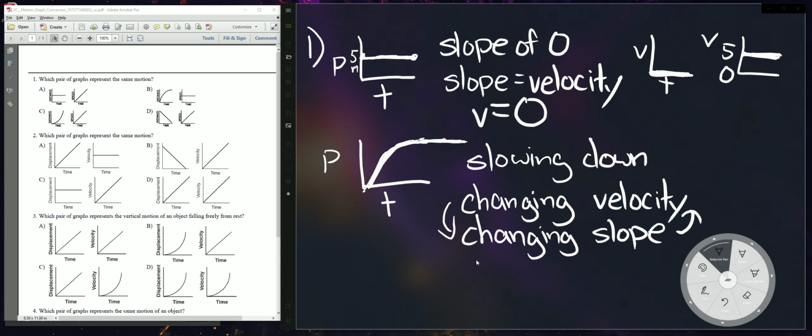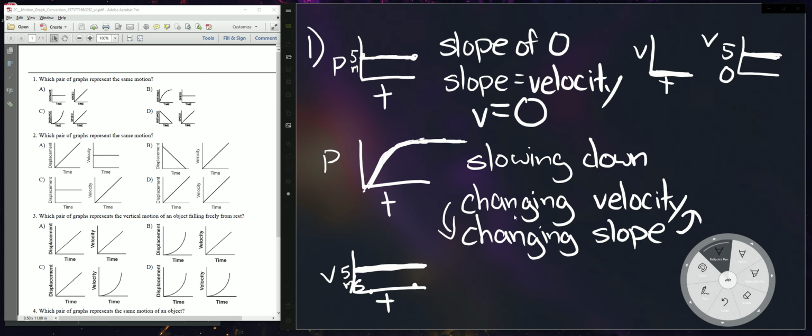And if we have a changing velocity, well, this line says that my velocity is always, let's give it a number, 5 meters per second. I'm sorry, this line is basically saying that my velocity is always 5 meters per second over time.